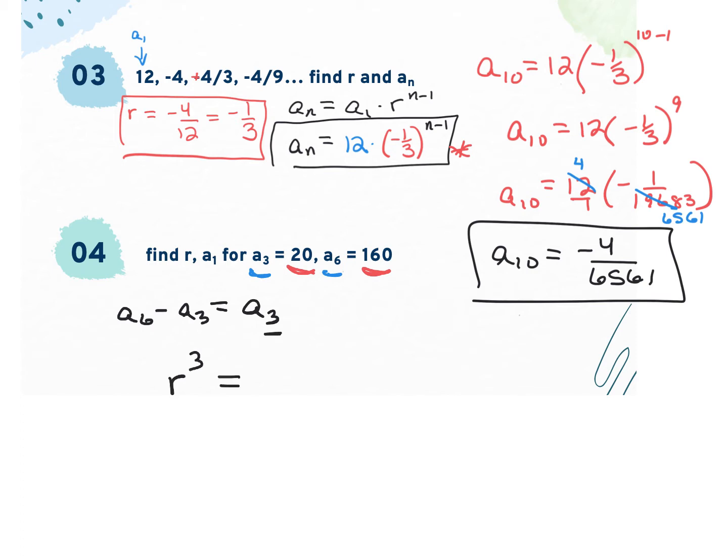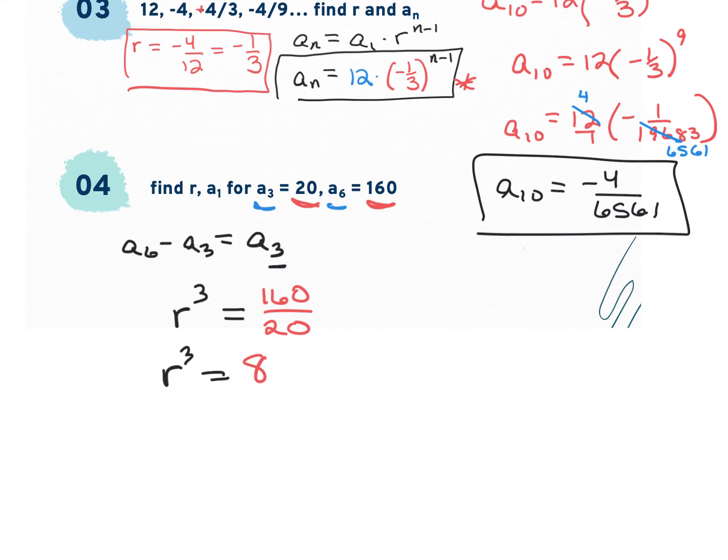So whatever the difference is, that's going to be the root you take in order to get the common ratio. I'm now going to divide 160 by 20. So I'm going to be doing the cubed root of 8, and my common ratio is going to be 2.